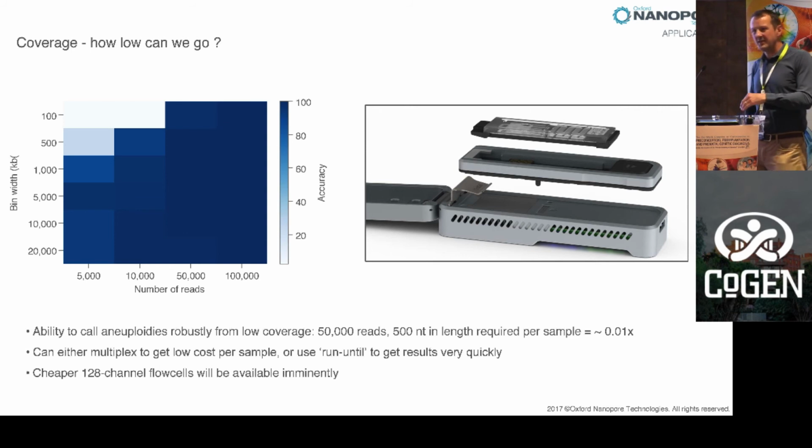But we don't need anything like that level of coverage to do aneuploidy screening. We calculate that we need something like 50,000 reads to be able to call additional or 1, 2 fewer copies of chromosomes very, very robustly. Because of the way these were prepared, the reads are about 500 bases long, so we're talking about 25 megabases of information per sample.